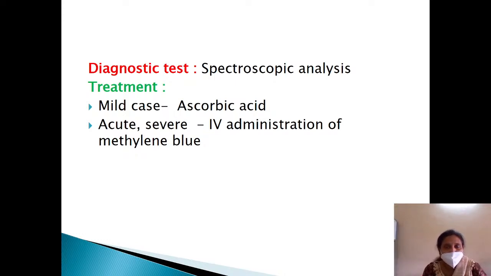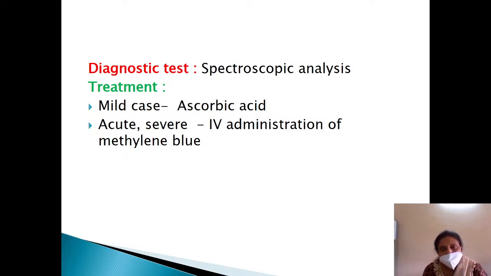Normal derivatives help in the transport of oxygen and carbon dioxide, which is the primary function of hemoglobin. And finally, we discussed the structure of myoglobin.